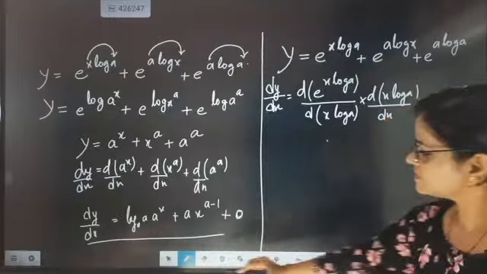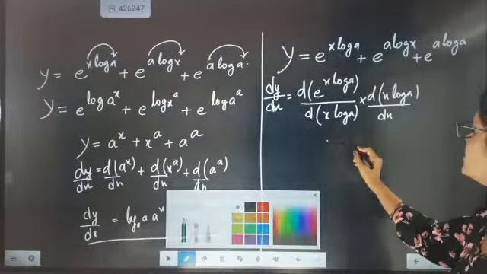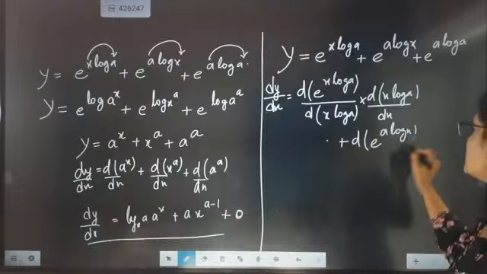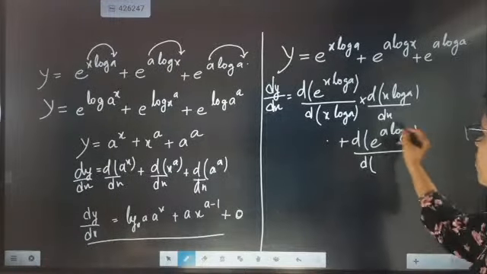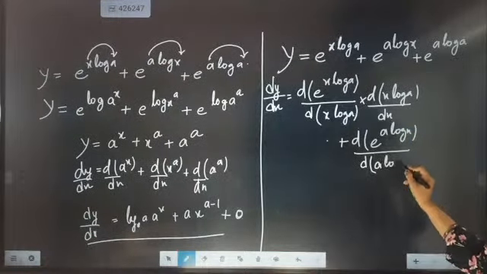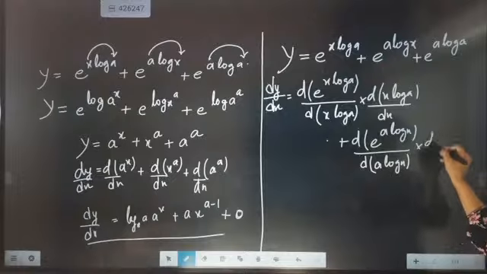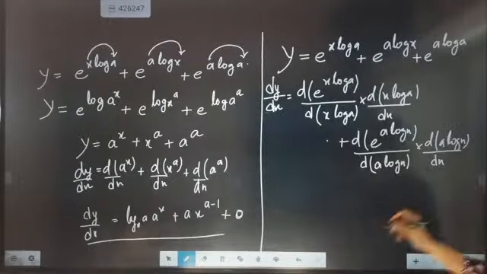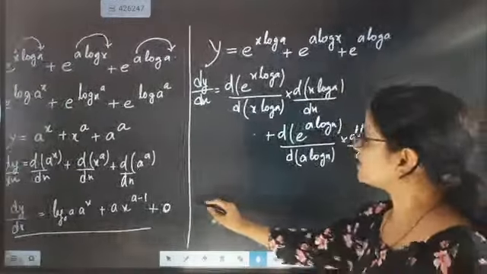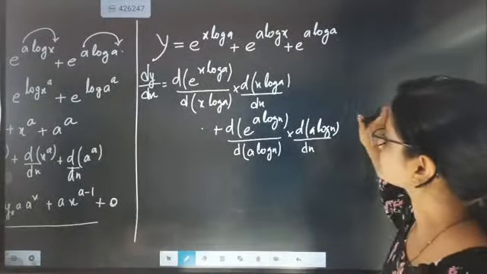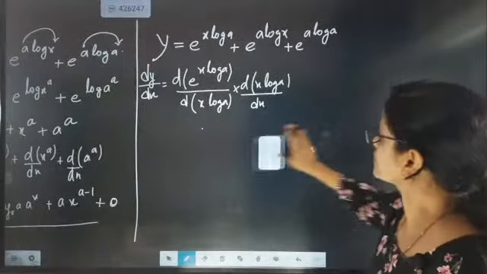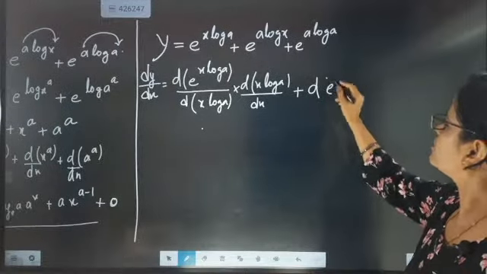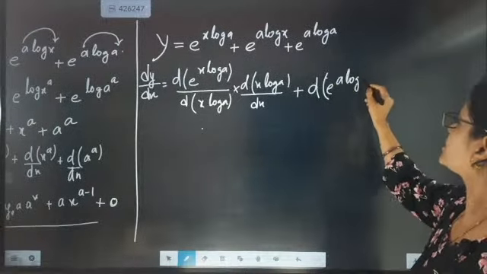So now this part is exactly going to come as differentiation of e to the power a log x, that is e to the power a log x into differentiation of a log x by dx. Now the last part, I am writing here differentiation of e to the power a log a.